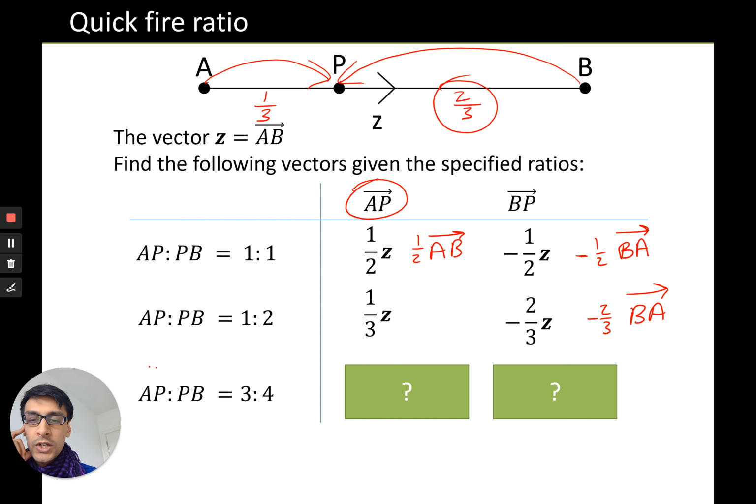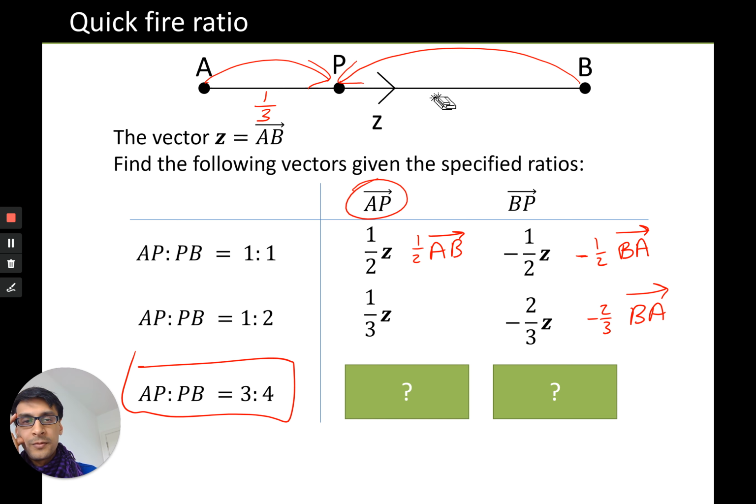Okay, now try the last 2 questions here. So we have AP, which is 1/3, or no, in this case we have a different fraction, so it's going to be 3/7 and 4/7.